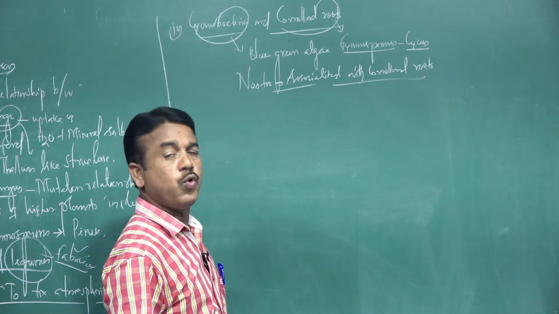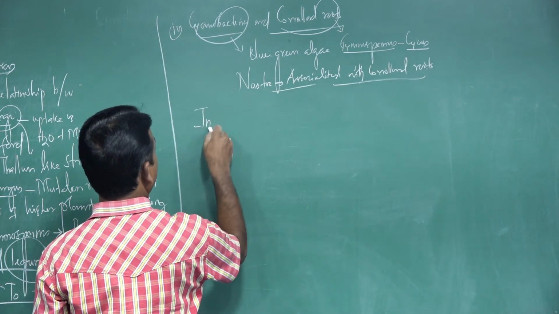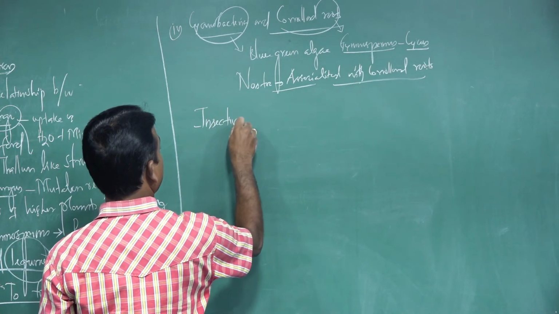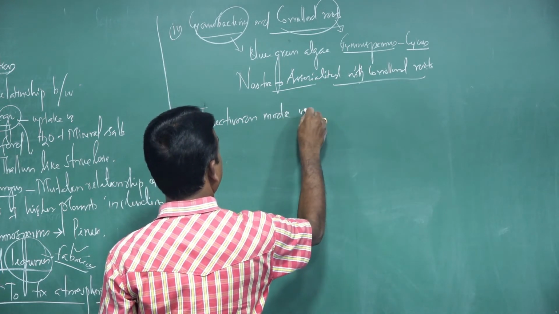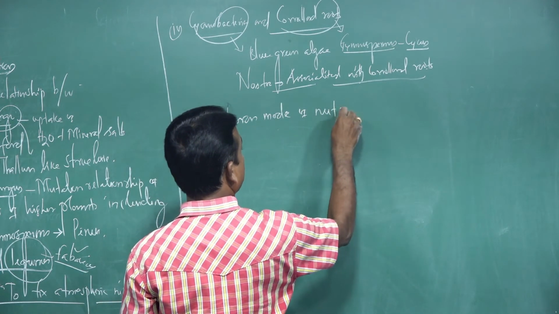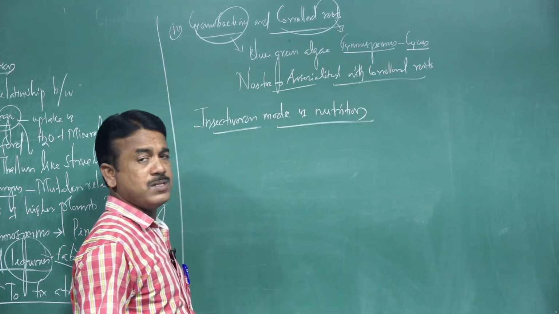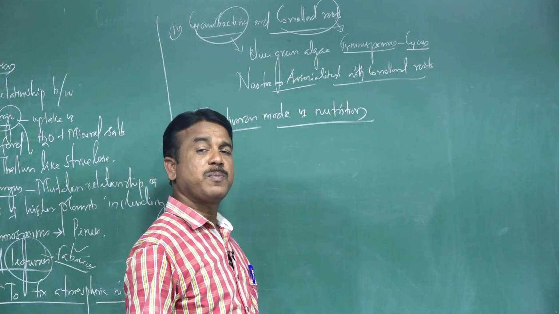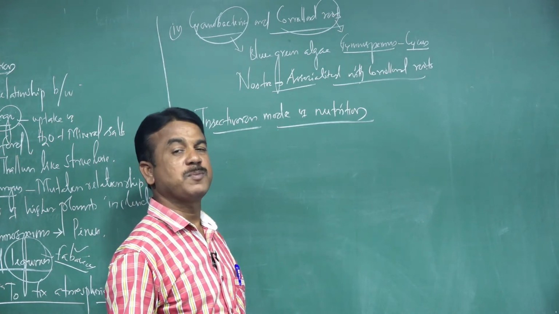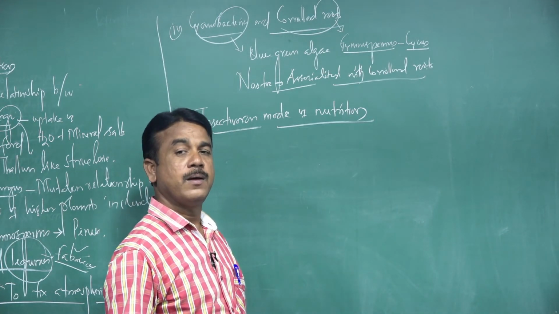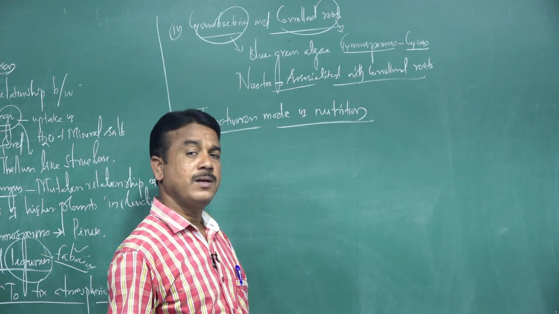Now the fourth mode of nutrition, commonly called insectivorous mode of nutrition. In general, insectivorous plants grow in some special soil or special area. Why can these plants grow in such places?